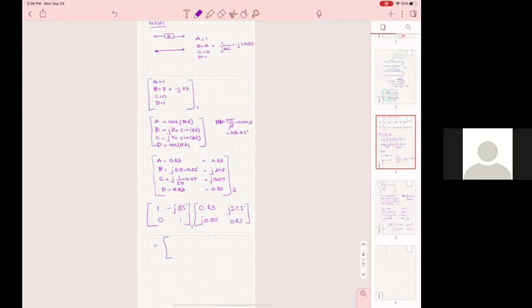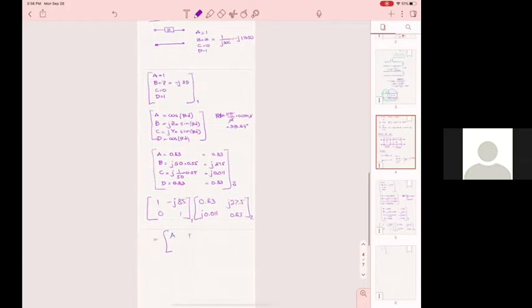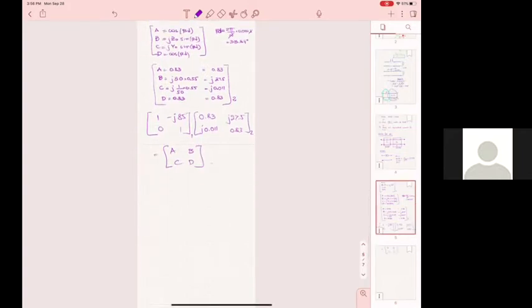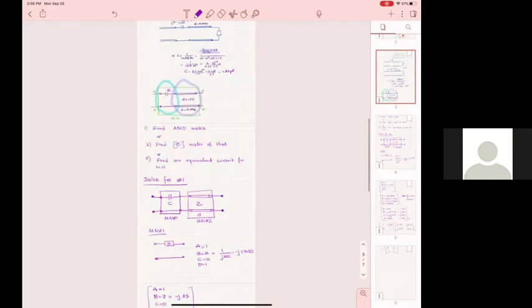This is for 1, this is for 2. And your ABCD matrix is going to be complex. If you do the multiplications, you're going to find a matrix that has A, B, C, and D. Then from that, you are done with the first problem.